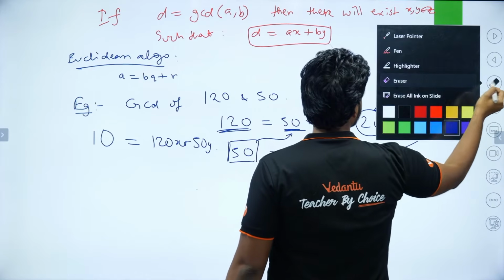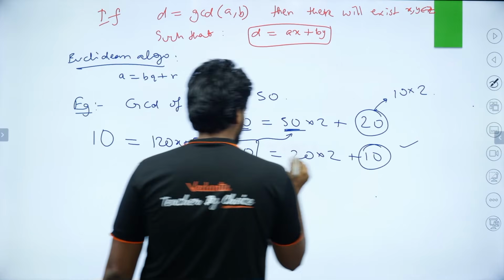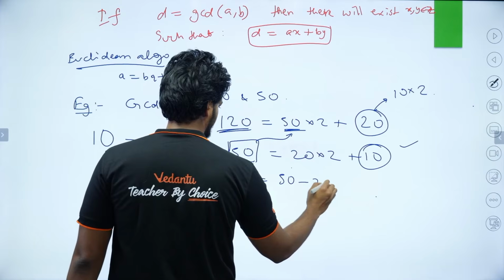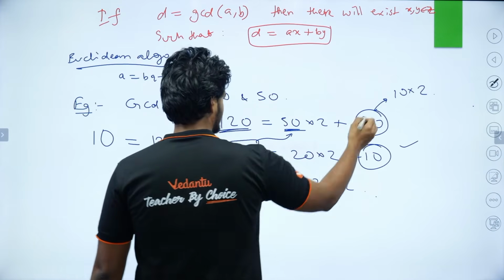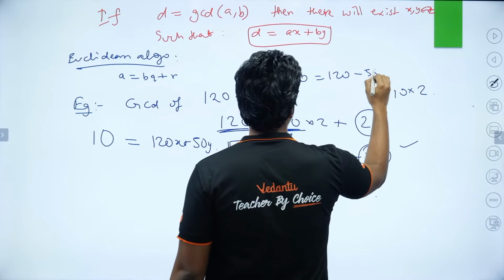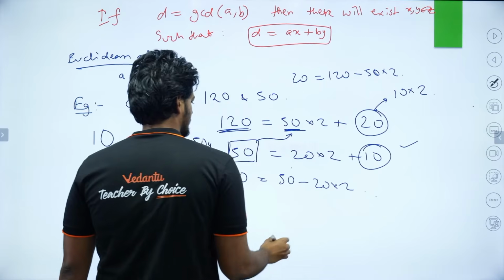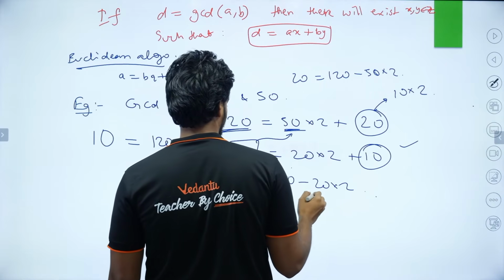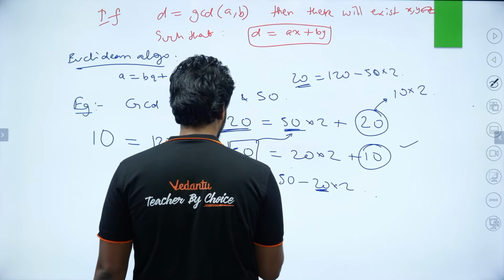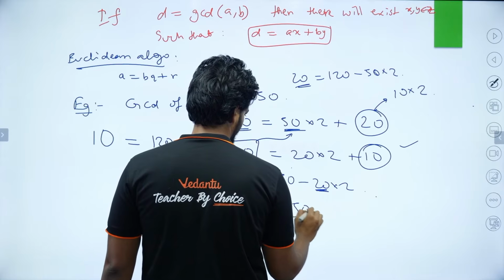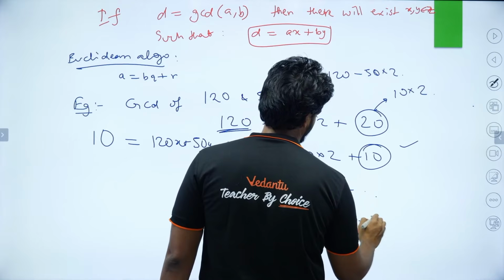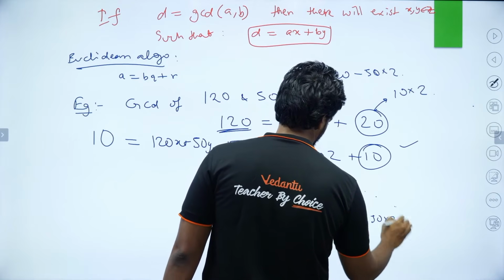Now I'll write the GCD in terms of 10 and 20. So 10 will be 50 minus 20 into 2, and I can write this 20 as 120 minus 50 into 2, right? Now substitute this 20 over here. So I can write my 10 as 50 minus 120 minus 50 into 2, into 2.